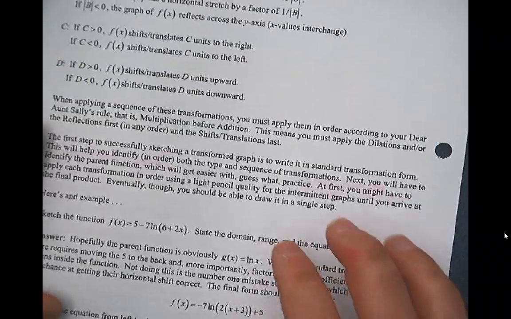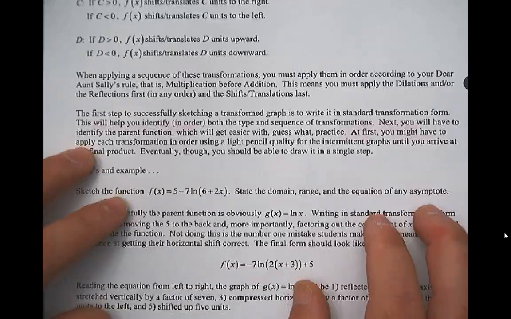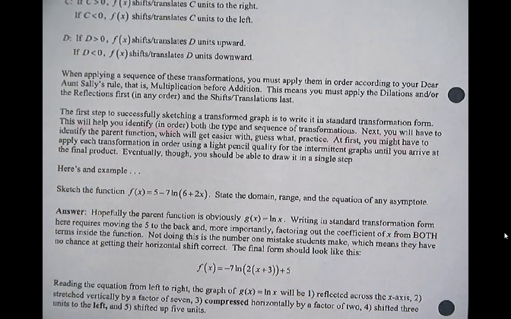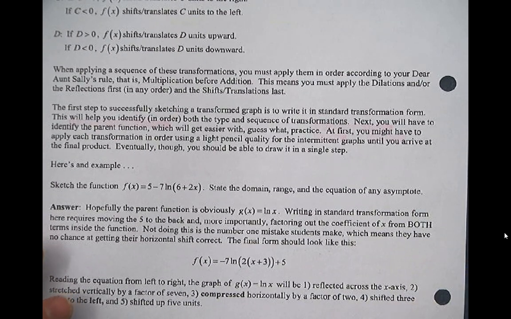Anyway, all right, so when applying the transformations, you can't just willy-nilly do them in any order. Mr. Wojo and I actually had a conversation about this because I couldn't get one of my graphs right, and it's because I did the shifts before I did the dilations. So the multiplying, the compressions and stretches, those are called dilations.